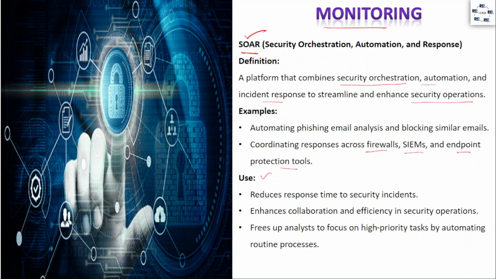Its use is that it reduces response time to security incidents, enhances collaboration and efficiency in security operations, and frees up analysts to focus on high priority tasks by automating routine processes. So instead of analysts manually going through thousands of lines of logs to see what is happening for anomalies, you can automate this through SOAR, which automatically detects anomalies and acts upon them.